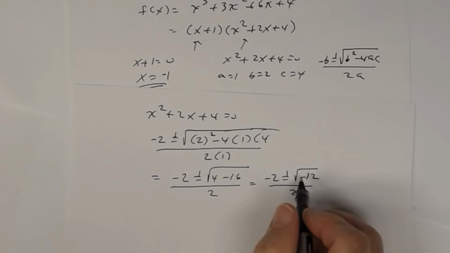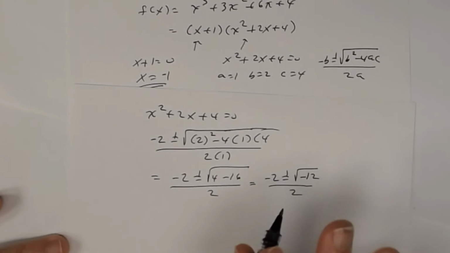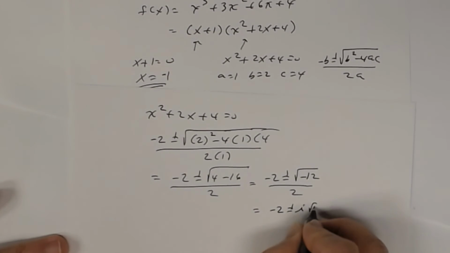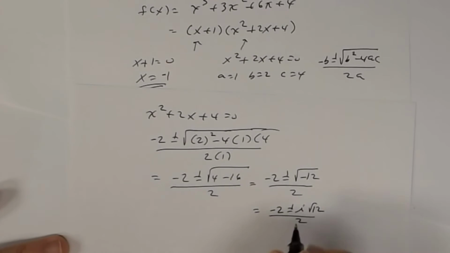Now don't leave it like this. You are expected to know that you get that imaginary number. The square root of negative 1 is i. If you want to, you can leave it like this. You see this is non-real, so this is your complex non-real zero. Notice they occur in pairs, plus or minus.